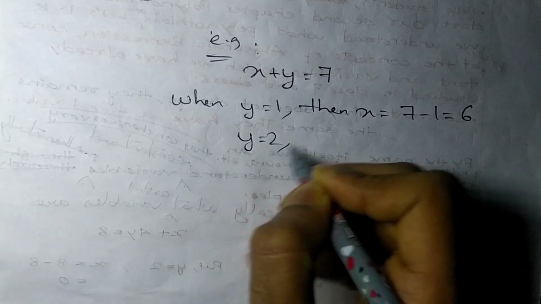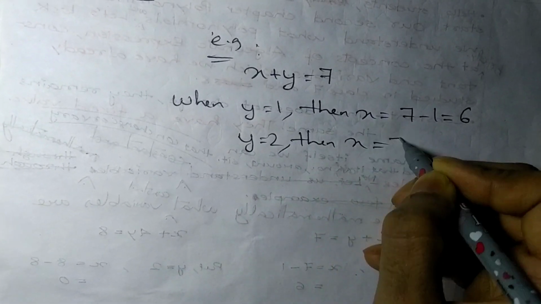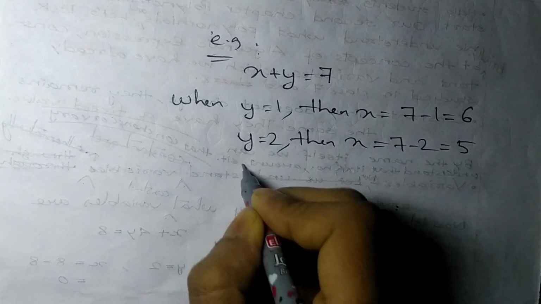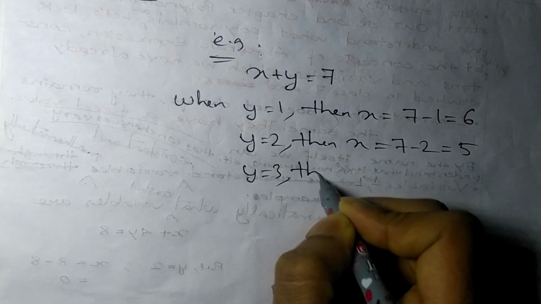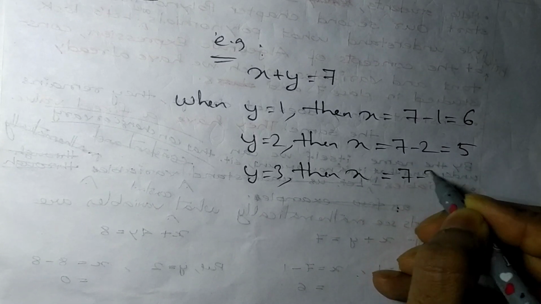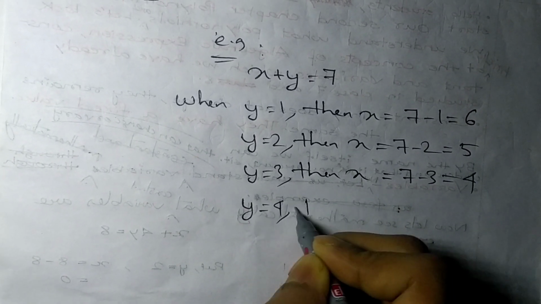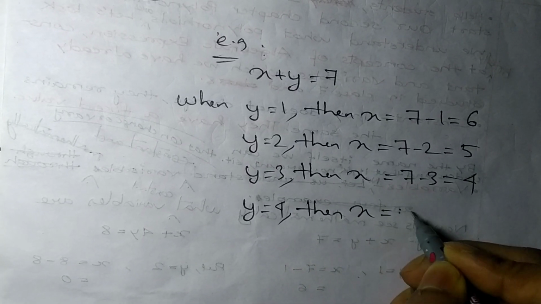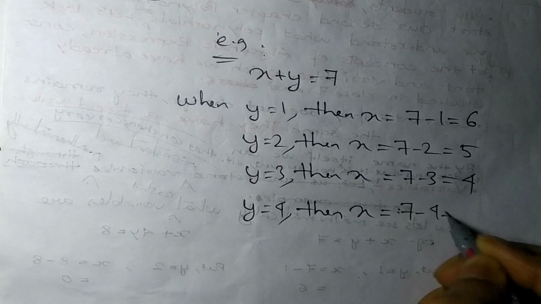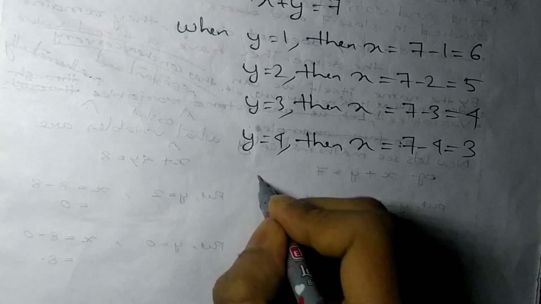If we put y equal to 2, then x will be equal to 7 minus 2, that is 5. If we put y equal to 3, then x will be 7 minus 3, that is 4. If we put y equal to 4, then the value of x will be 7 minus 4, that is 3. And this goes on.